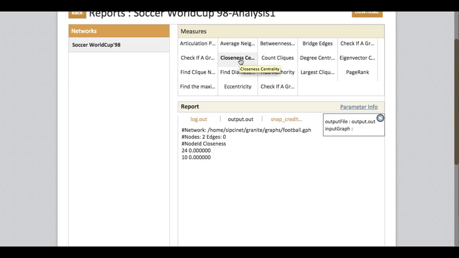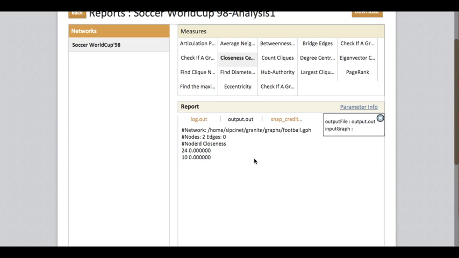As far as closeness centrality is concerned, apparently nodes 24 and 10 have 0 closeness centrality. I don't know, they do not report anything about the other ones.